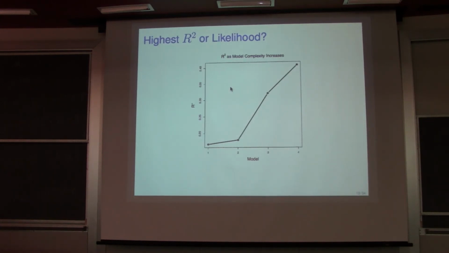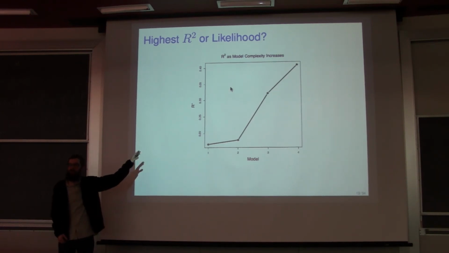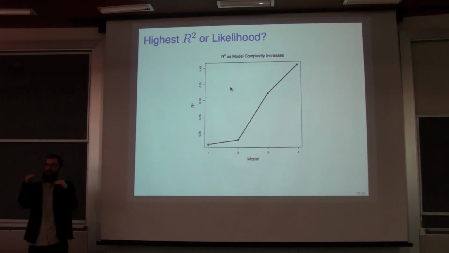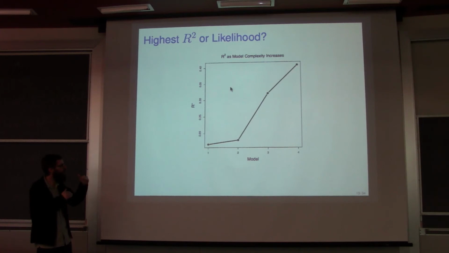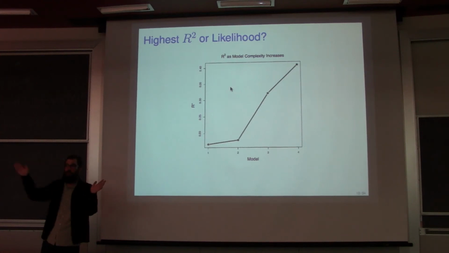So another potential strategy, which doesn't work, is to use just the likelihood itself. If you remember from regression, we get an R² value. Remember, that's the percentage of variance that you're explaining in the regression model. So if all my data lies on a line, and I fit a line to it perfectly, then 0% of the variance is left over.